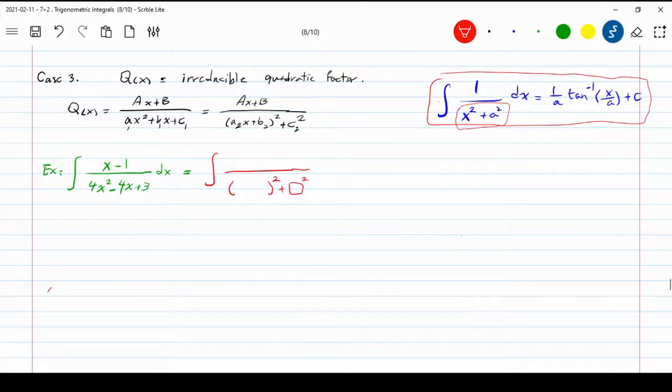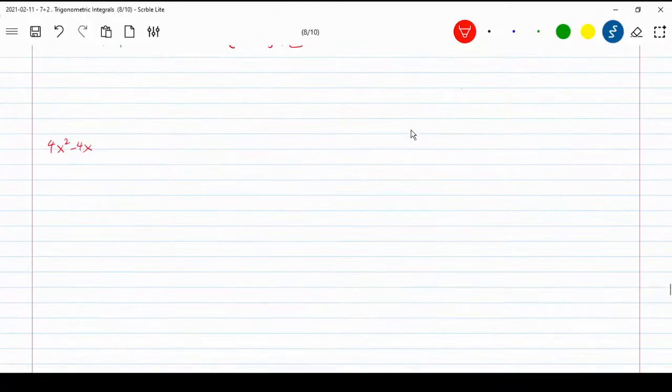So I'm going to focus on first, how can I write 4x squared minus 4x plus 3 in terms of a factor squared plus some constant, whatever that constant is.